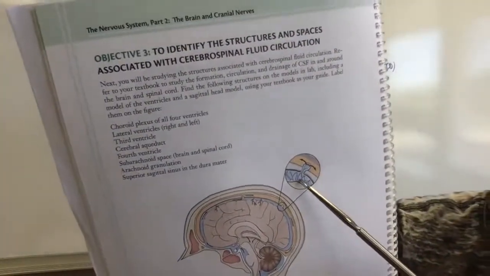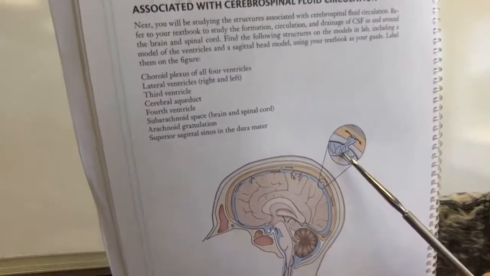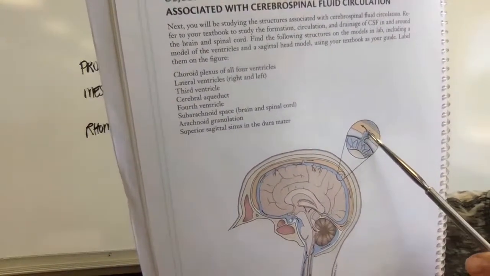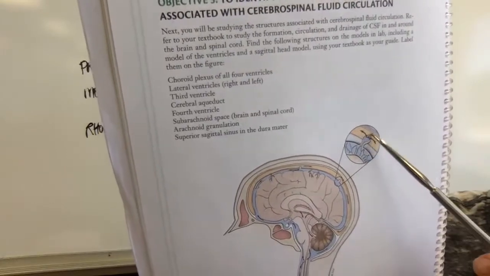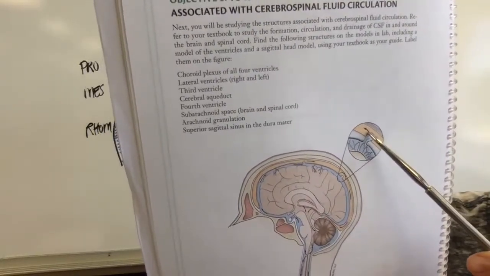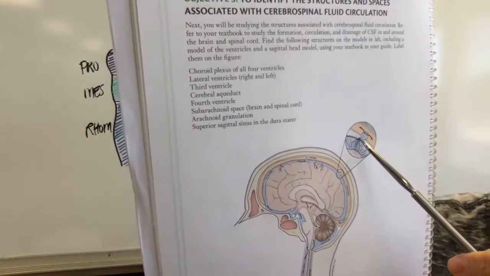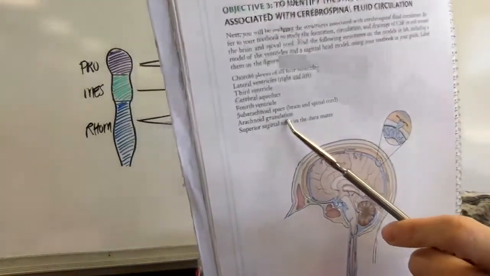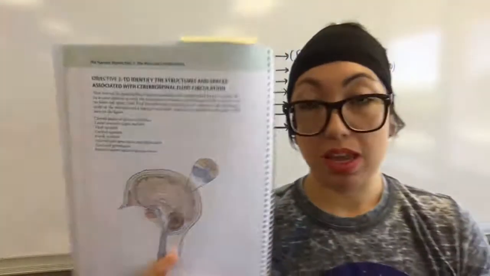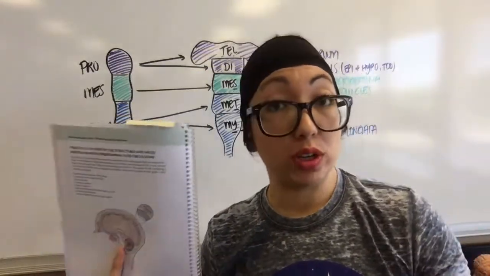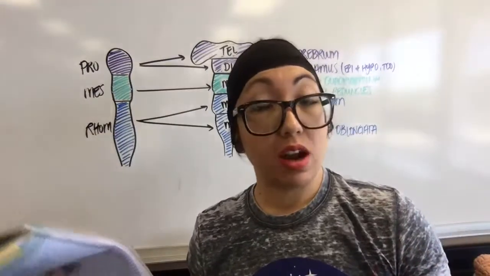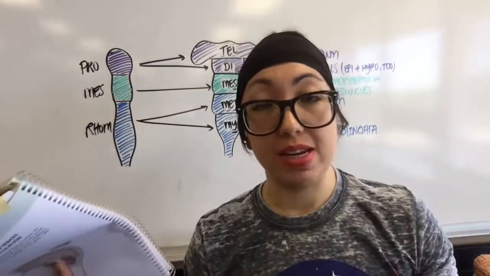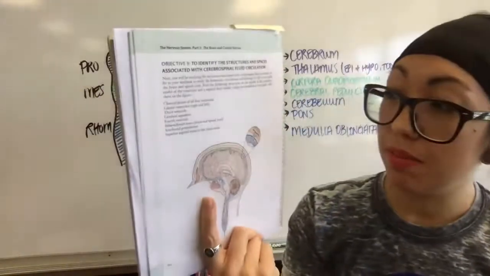So this projection from the subarachnoid space into the superior sagittal sinus is called an arachnoid villus, and arachnoid villi just means many of these. Granulation is the same thing. You could say arachnoid granulation, or you could say arachnoid villus for one, or villi for many. So they mean the same thing.